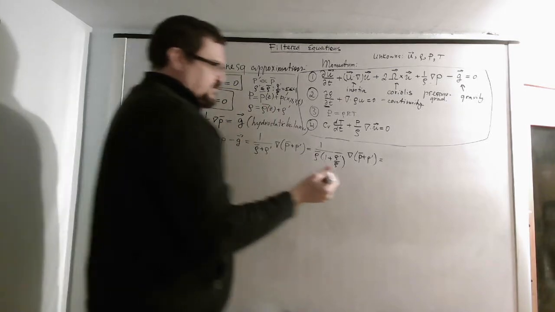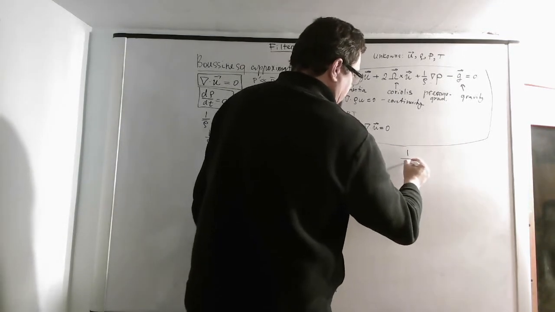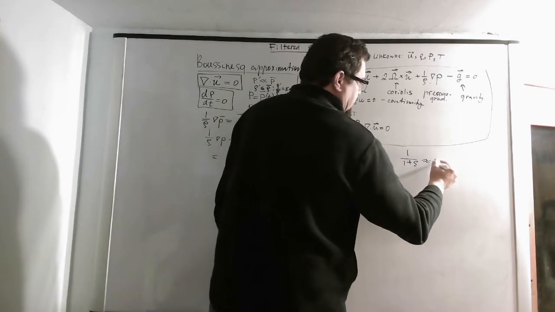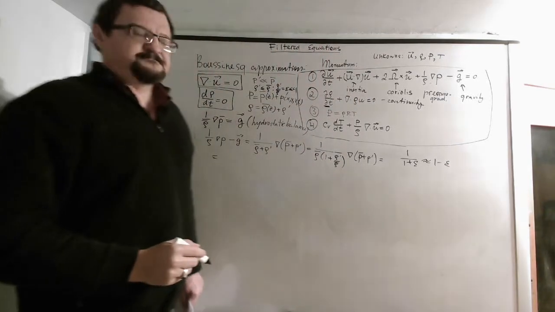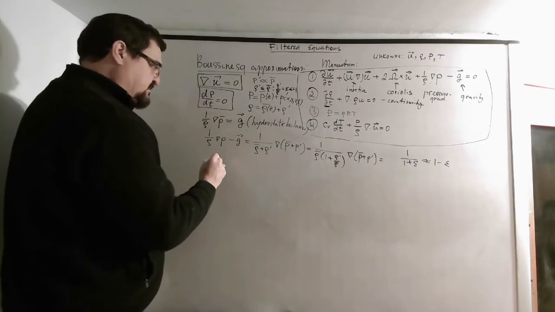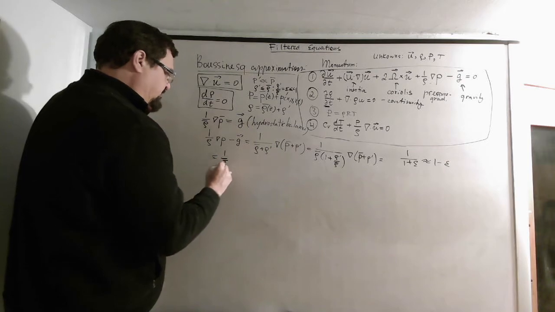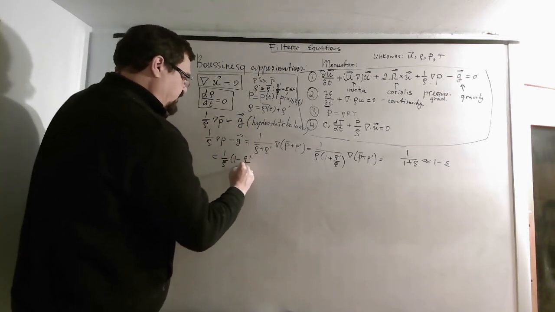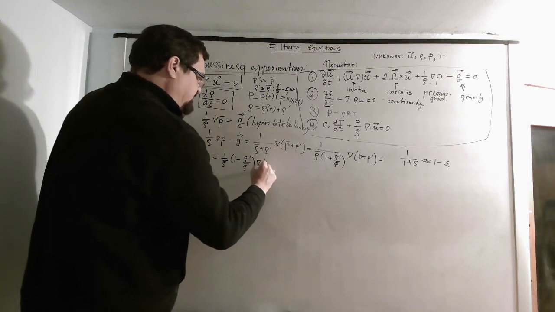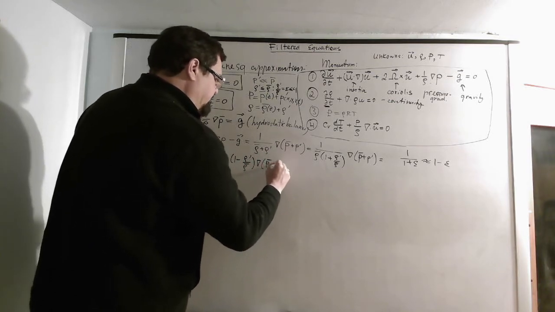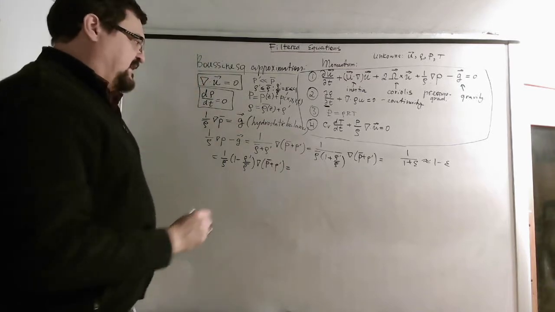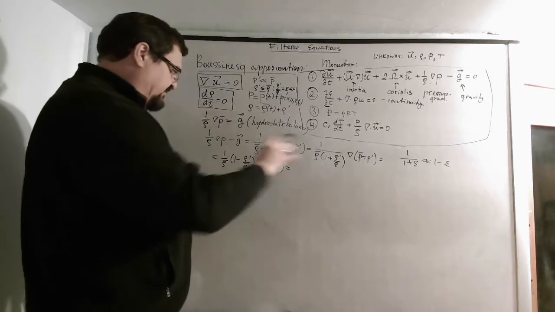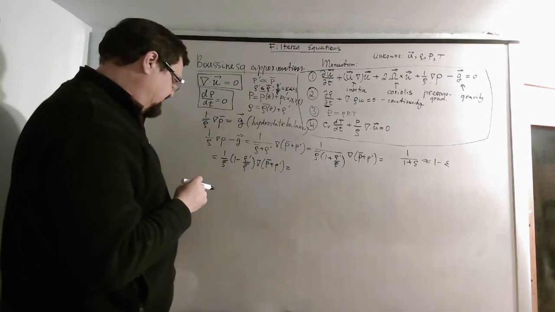then from calculus we know that 1 divided by 1 plus epsilon is approximately 1 minus epsilon when epsilon is small. So we have 1 over rho bar, times 1 minus rho prime over rho bar, times gradient of P bar plus P prime. Well, I forgot the minus g, but I will write it at the end, so as not to carry it around.